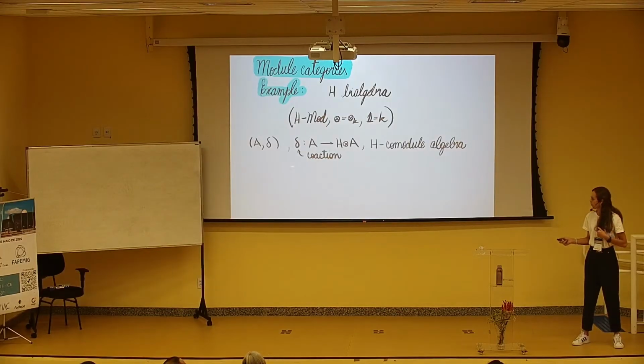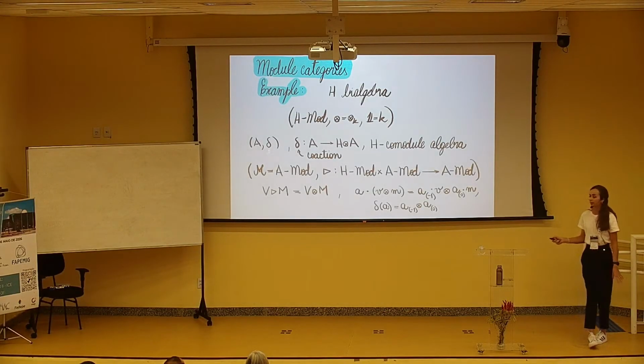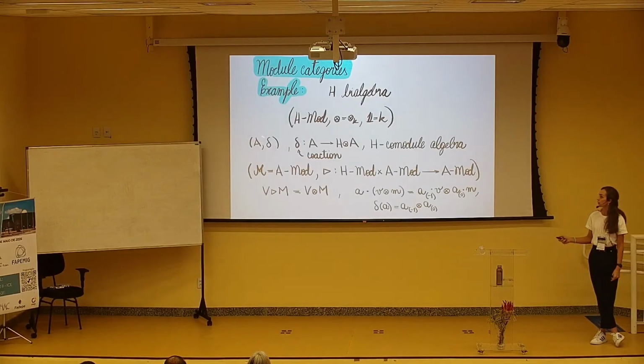So I have this A delta, and my category M is going to be modules over this algebra. I need to define how it's acting from an H module to an A module to have my module category. So acting, as an object, is just a tensor product, and you have to say how this is a module, right?